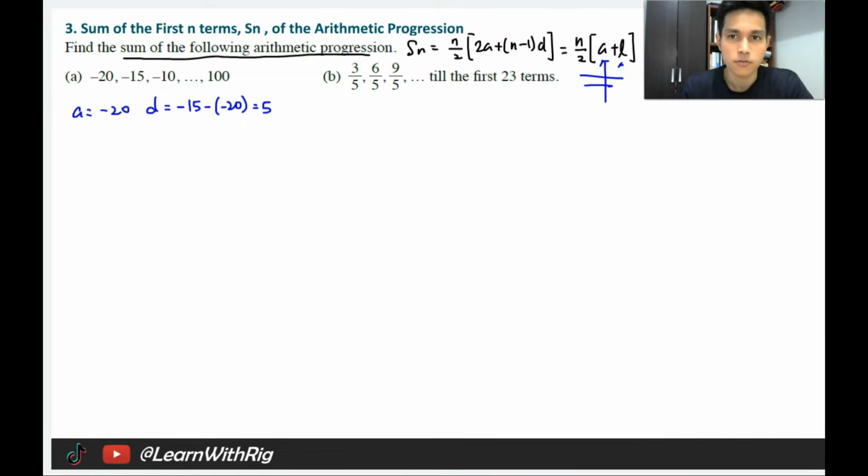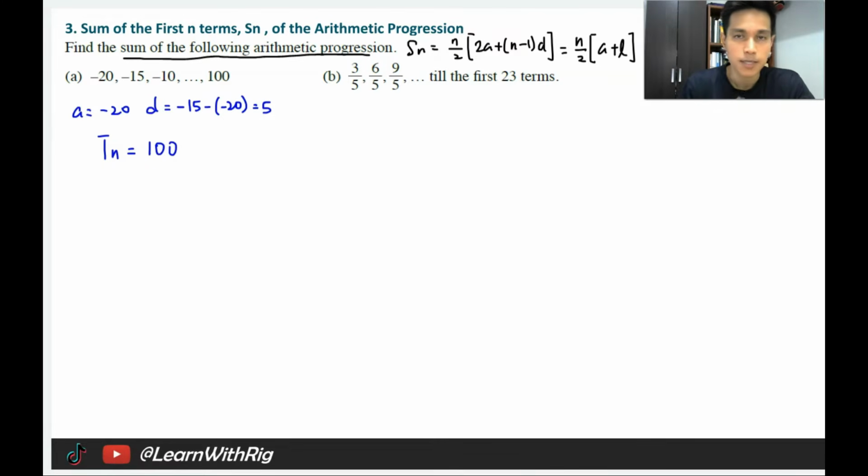So how are you going to solve this? Before you use the sum of terms formula, you must first find the n value. You want to know how many terms there are. Since this is the final value, Tn equals 100.